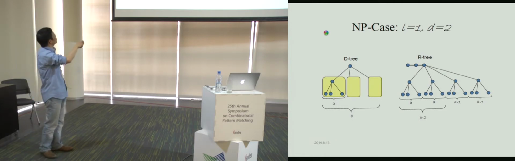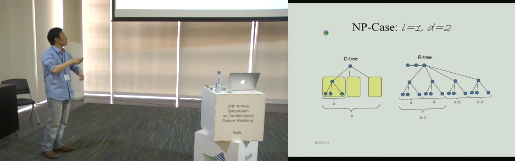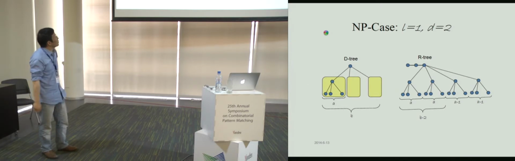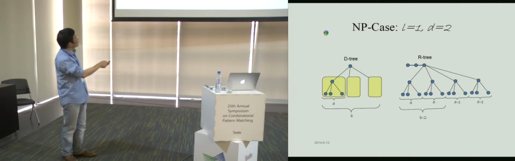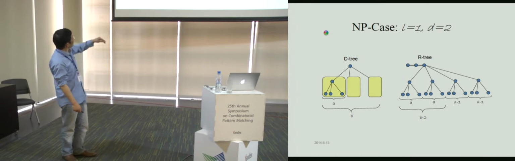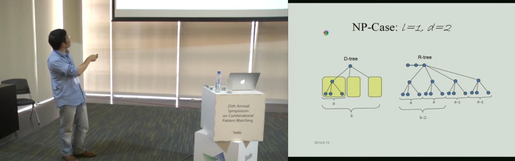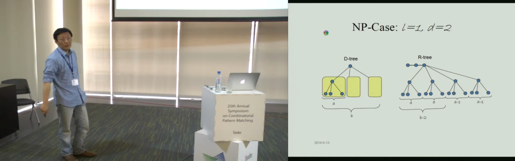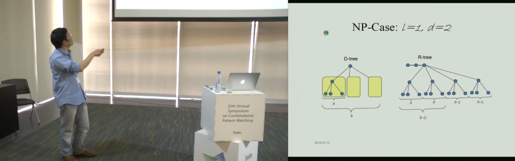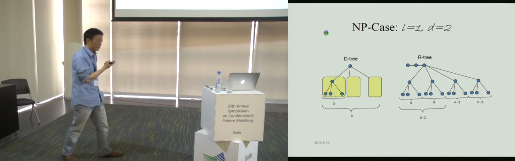Each subtree is a star with A leaves. The R tree is where we attach only 2 leaves from these 2 subtrees to the root. It can be shown that the D tree can be mapped to the R tree with these parameters.